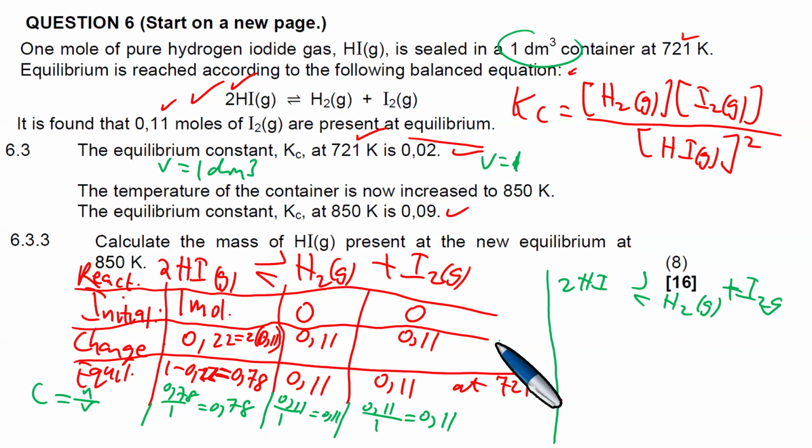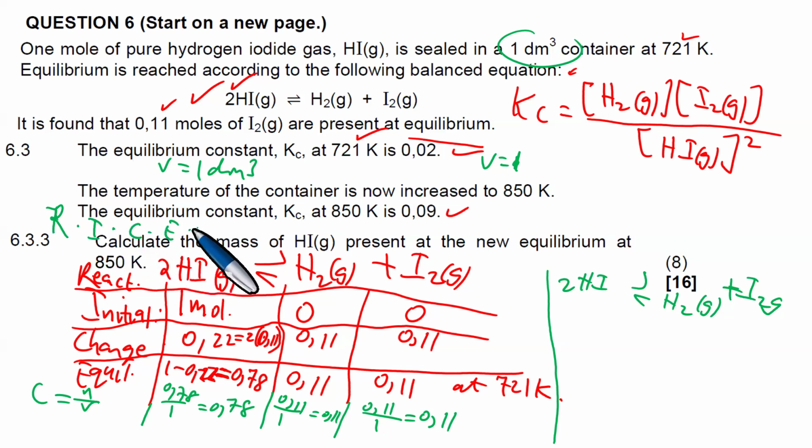Let's look. There are going to be concentrations. So this is the equilibrium concentration, equilibrium amount in moles, equilibrium concentration. So it's the rise.